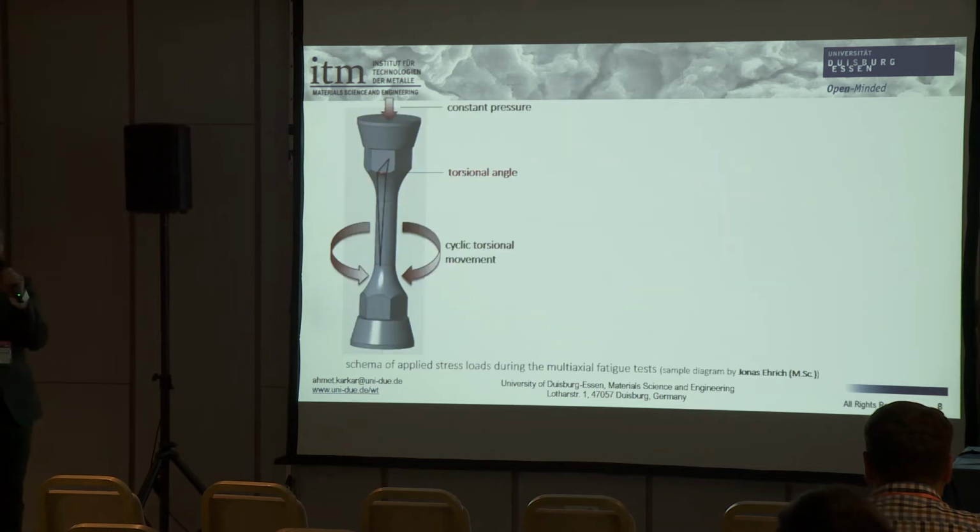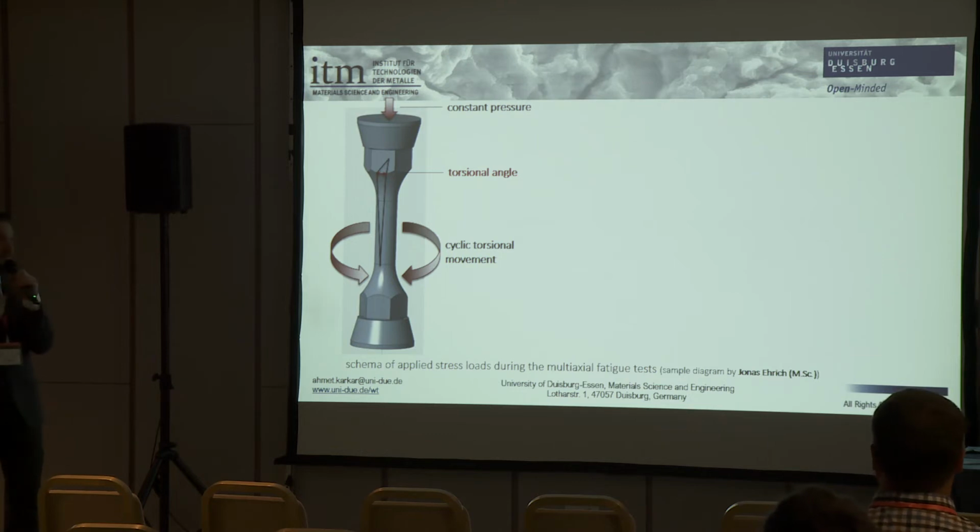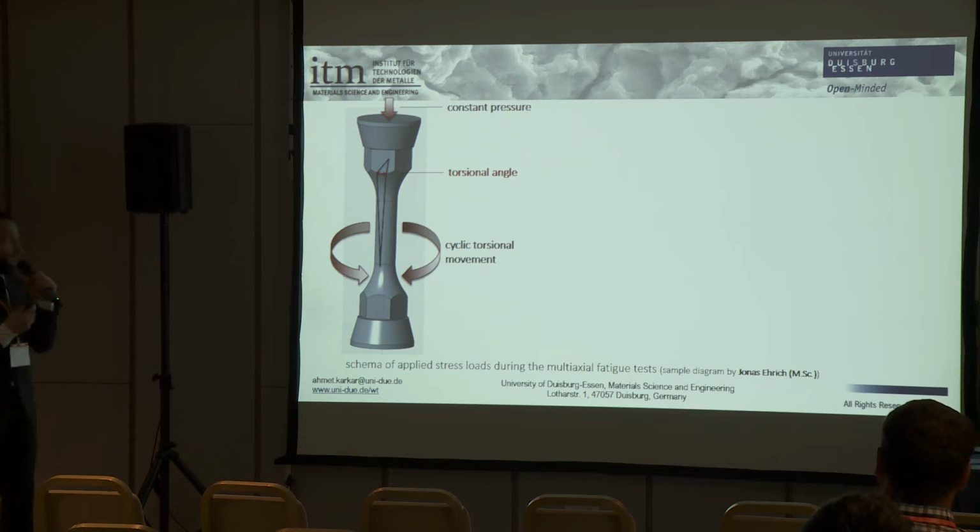To understand the mechanisms under combined pressure torsional fatigue circumstances, tests were carried out on specimens with specific sample geometry and under extreme stress parameters. Here we can see a schema to illustrate the torsional movement during the tests.